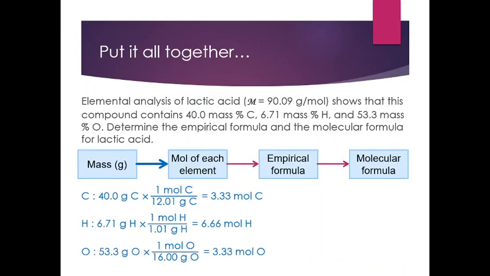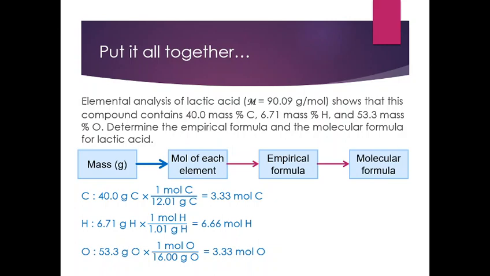And so, we start off with 40 grams of carbon, convert grams into moles using the molar mass of carbon to get 3.33 moles of carbon. Or 6.71 grams of hydrogen, using the molar mass of hydrogen, we calculated 6.66 moles of hydrogen. And similarly, with our 53.3 grams of oxygen, use the molar mass to calculate 3.33 moles of oxygen.